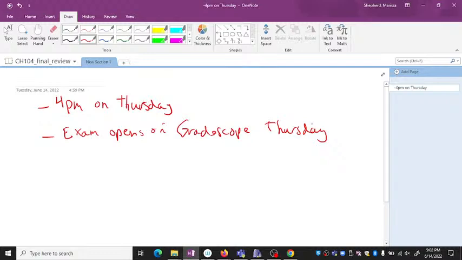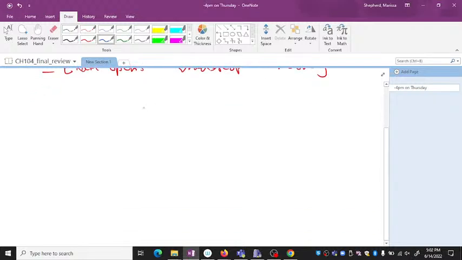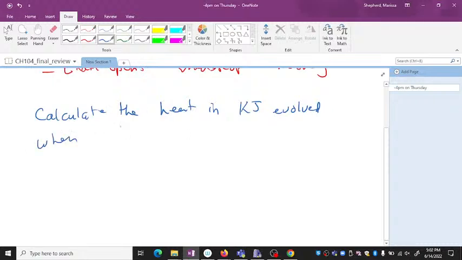All right, so let's just go through the exam, do similar questions. And so we'll do number 1. Calculate the heat in kilojoules when 5.92 times 10 to the third grams of NO2 are generated.